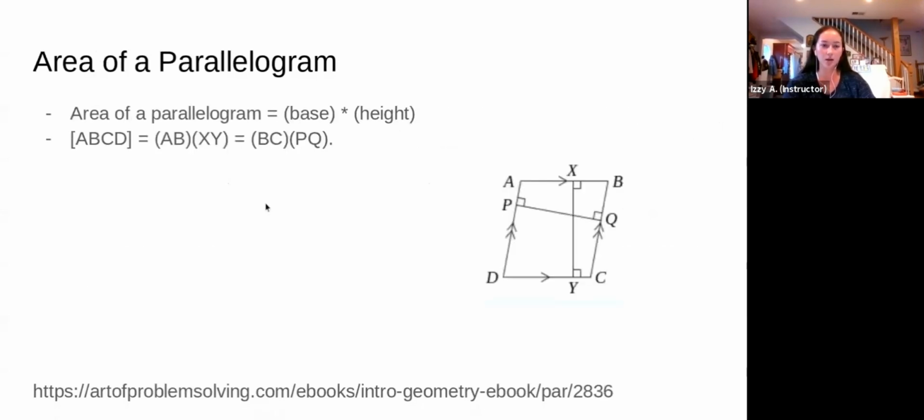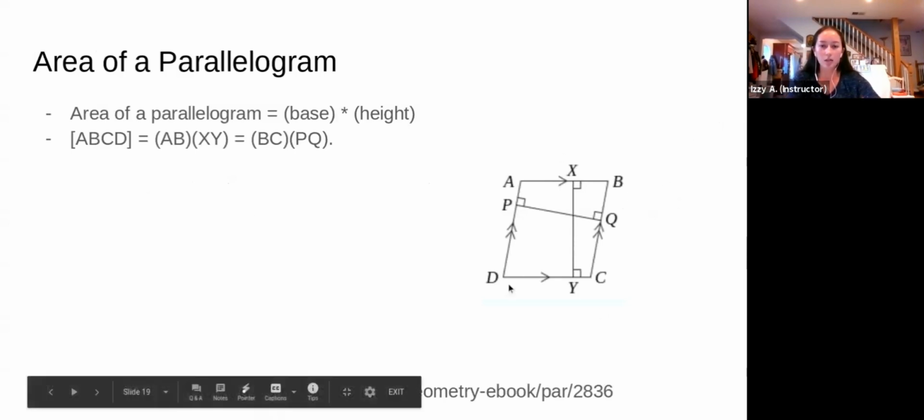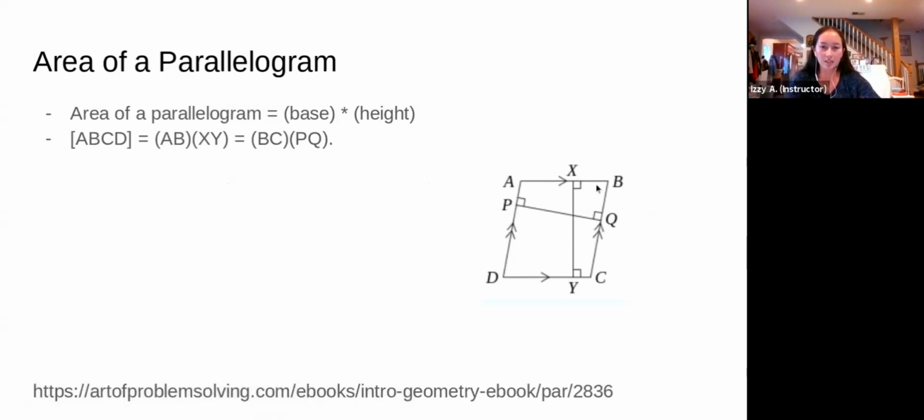Okay, so next we're going to learn about the area of a parallelogram. So area of a parallelogram is actually pretty simple. It's just base times height. For example, if you look at the image here, the area of ABCD is going to be AB times XY. You can also look at it from another way.